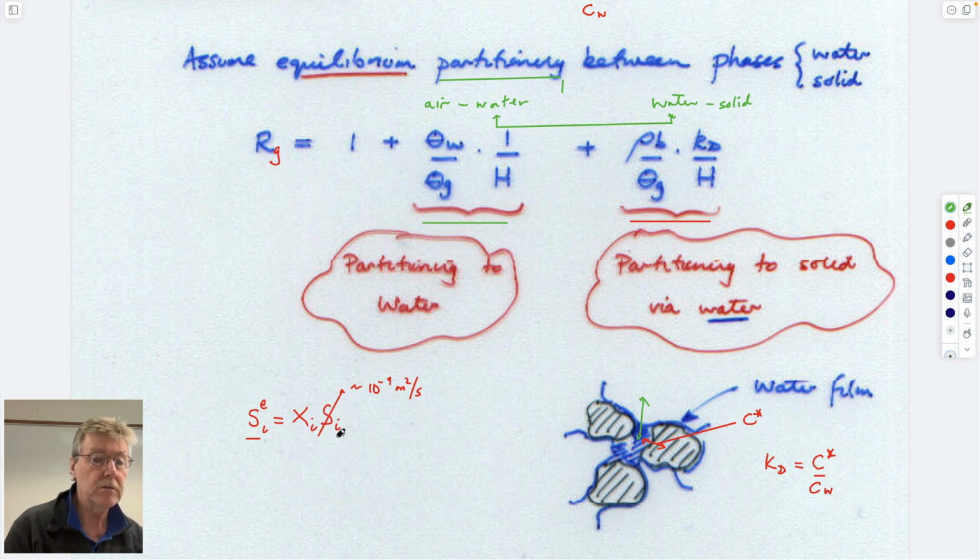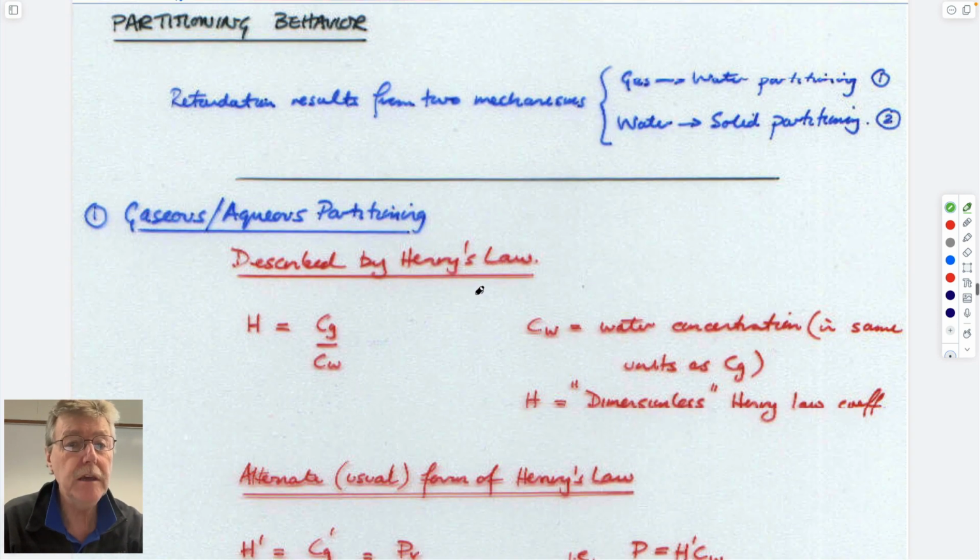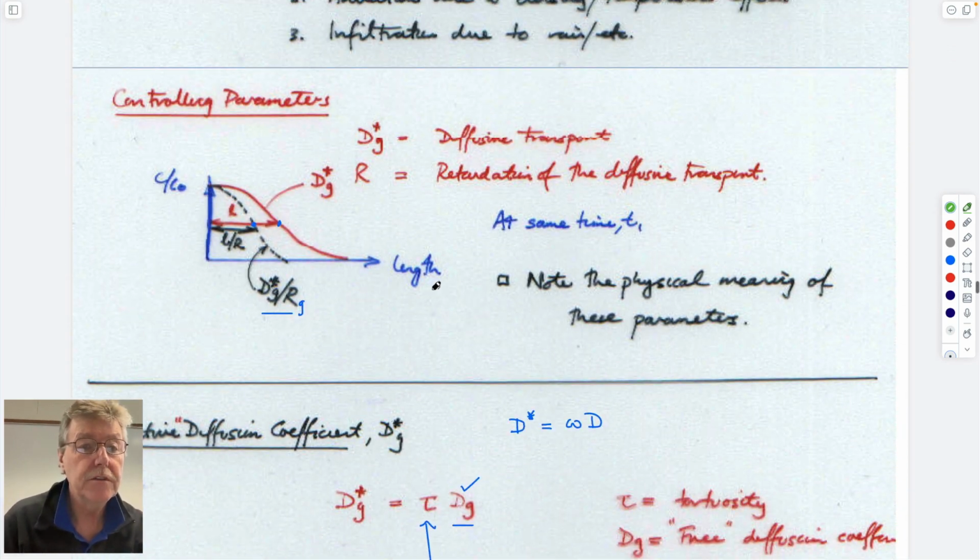If there's only one component, this is the solubility that defines this, which is SI. Then this controls its equilibrium with the air and its equilibrium with the solid. And so this gives us a value which is different from the one we had before. This is for transport within the vadose zone, and that would control the rate we're talking about.